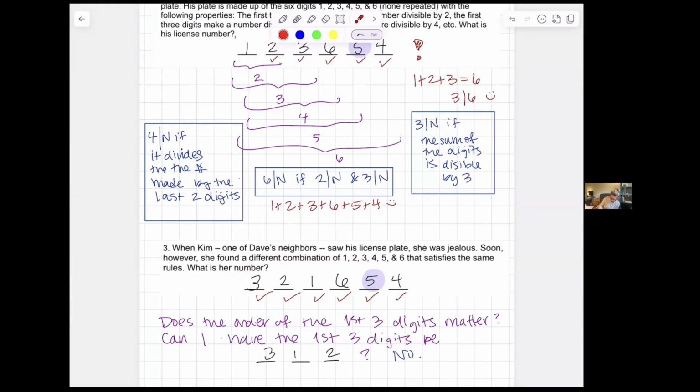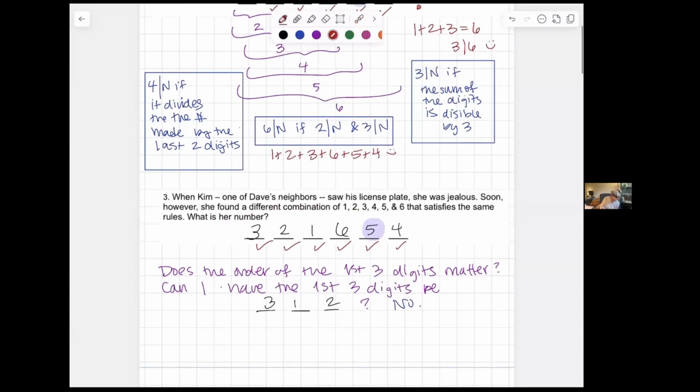Whenever I add 1 plus 2 plus 3 plus 4 plus 5 plus 6, I get a number that's divisible by three.